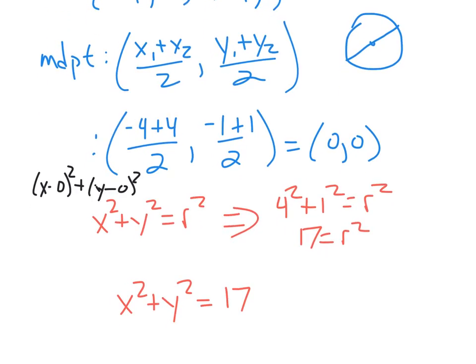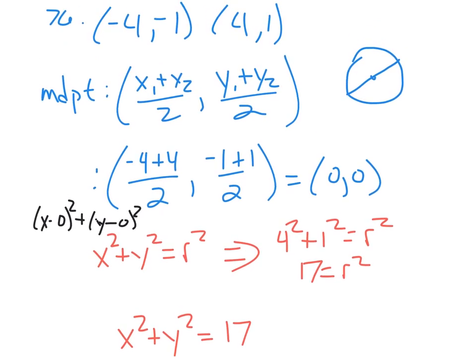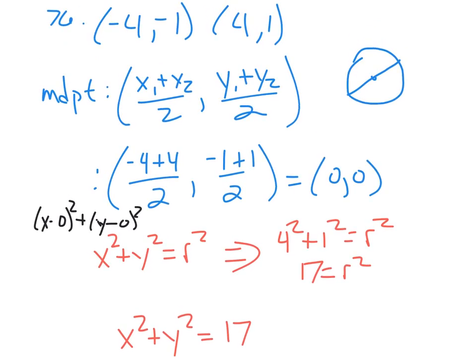So we used the idea we did on that last problem. All right, so then what we had to do is use this point here and plug it into x and y to find the radius. So then 4 squared is 16, 1 squared is 1. That gave us 17 for our radius squared. Is that okay?